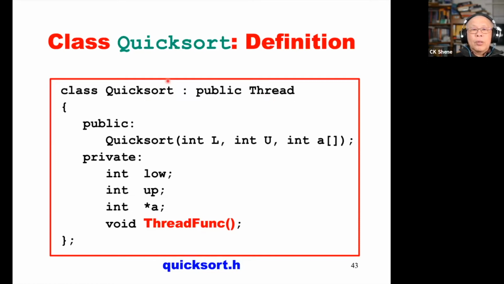And this Quicksort class has a constructor, which takes the lower bound, the upper bound, and an array. So in the private section of this Quicksort, we have a lower bound and upper bound and a pointer to that array. And finally, we have a thread func. Nothing else. For this thread, it's nothing else. It's this simple.